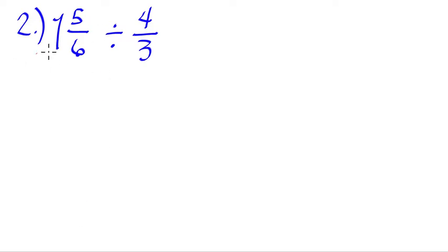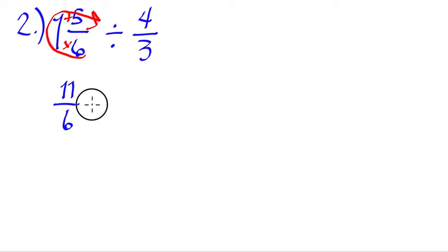If we want to do that, multiply 6 times 1 plus 5. So 6 times 1 is 6, 6 plus 5 is 11, and we're going to copy the denominator. So 1 and 5 over 6 is equivalent to 11 over 6. And then let's just copy the rest. Okay, we're fixed for the dividend.